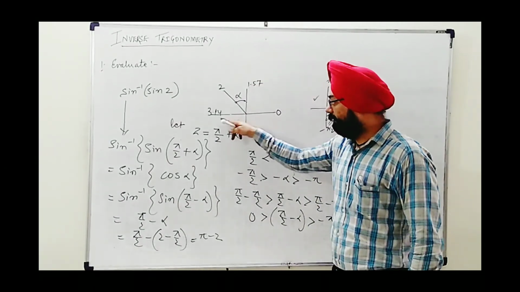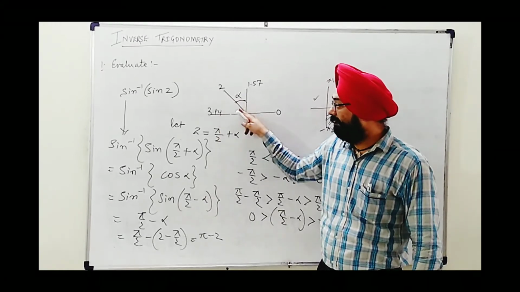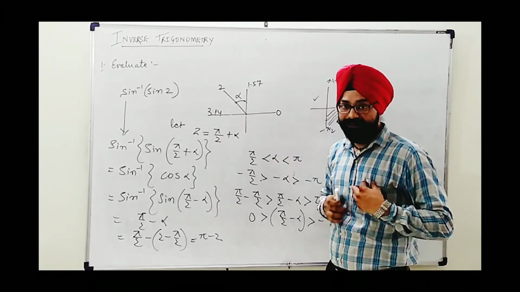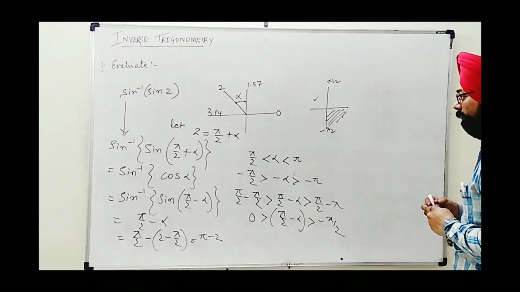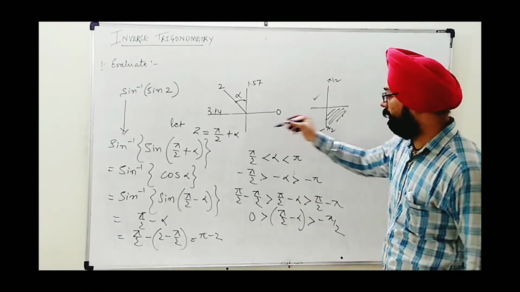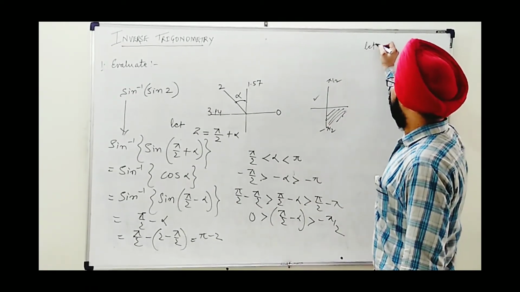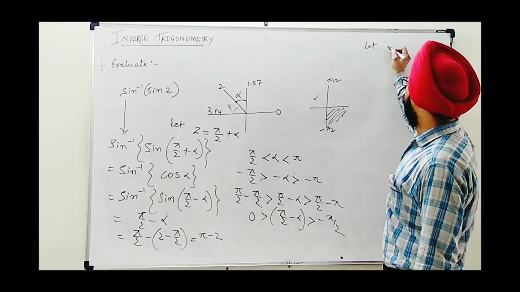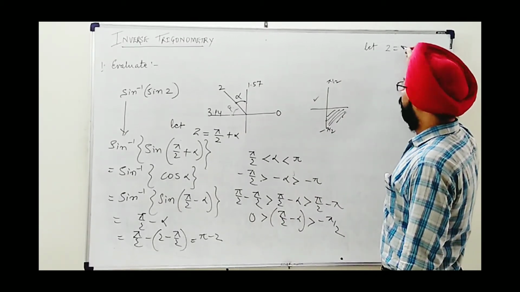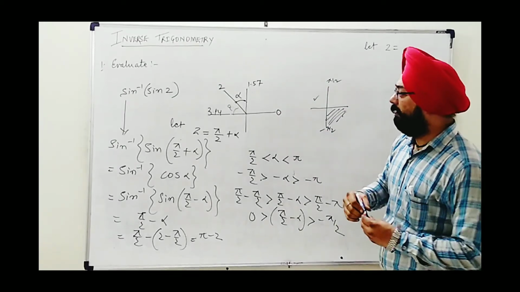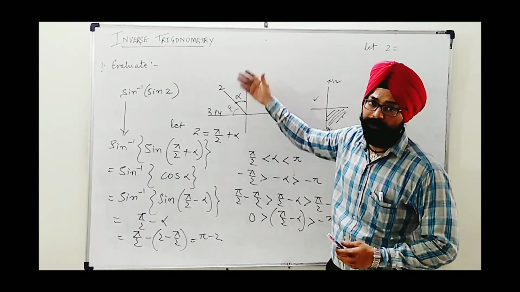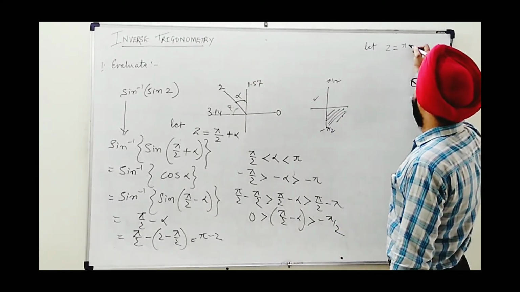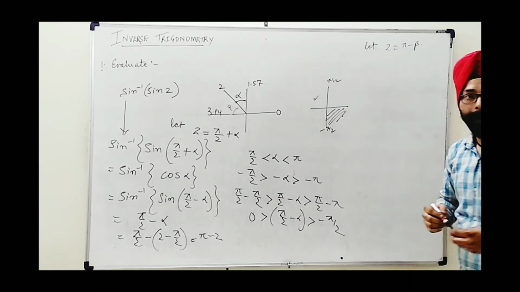We will see the second method in which we are taking this 2 with respect to pi. In the second method, from here I will begin. If I consider this gap to be beta, I can write 2 as, in this condition it occurs before pi, before 180, so we will write here pi minus beta.